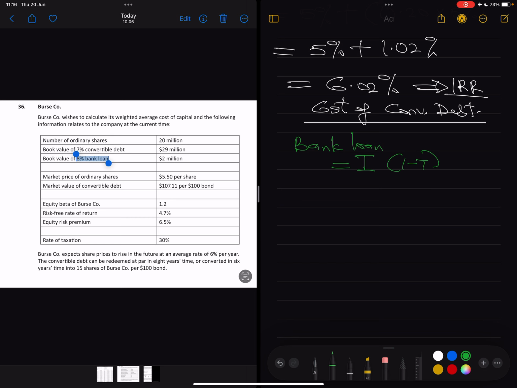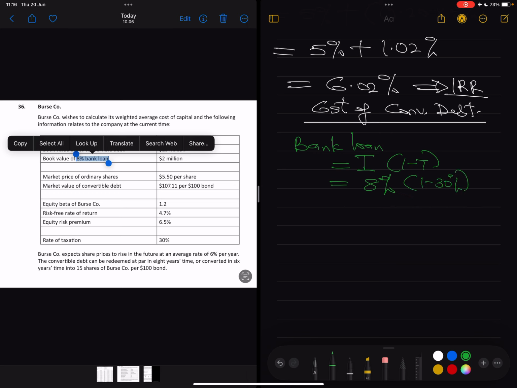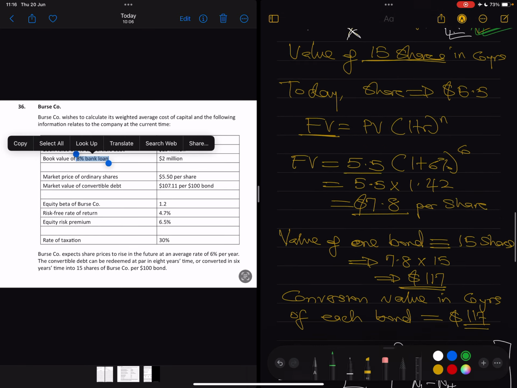Sometimes they might not give you. If they don't, you can take an assumption, use 5%, use 10%, but make sure you apply the tax rate to adjust it. And that equals 5.6%. So that is cost of bank loan. I'm going to put it on our table.